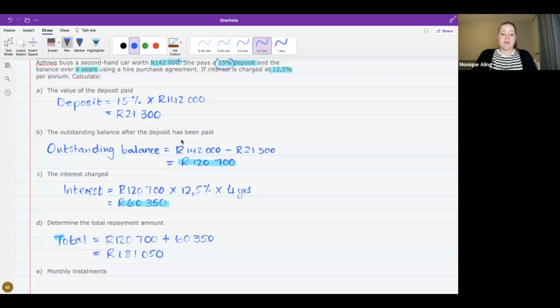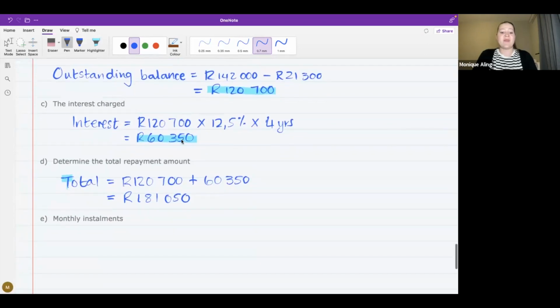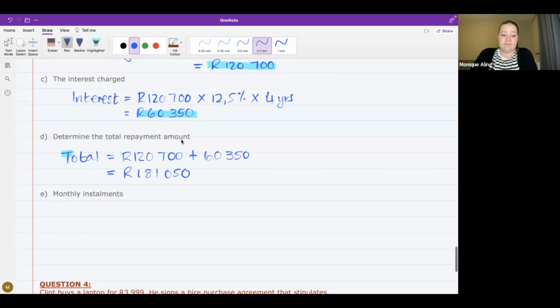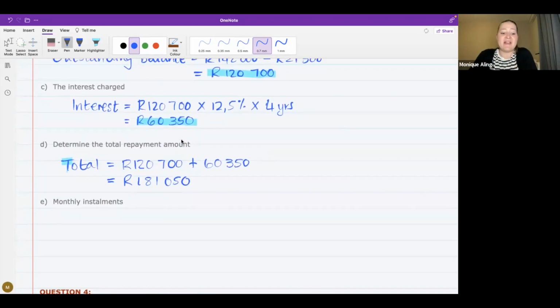Okay, so a PUA has to pay 181,050 Rand in total. E asks, calculate the monthly installment. So what is a PUA going to pay every single month for the next 4 years? I want you to try work that out. Asanda, because it's already been paid, it's been taken out of the amount.